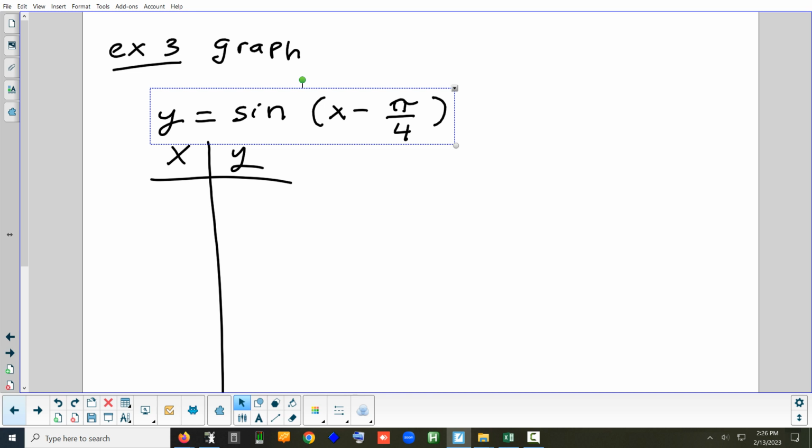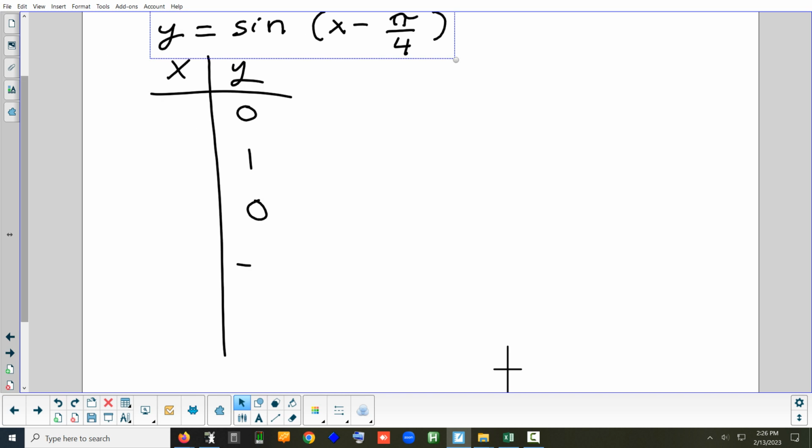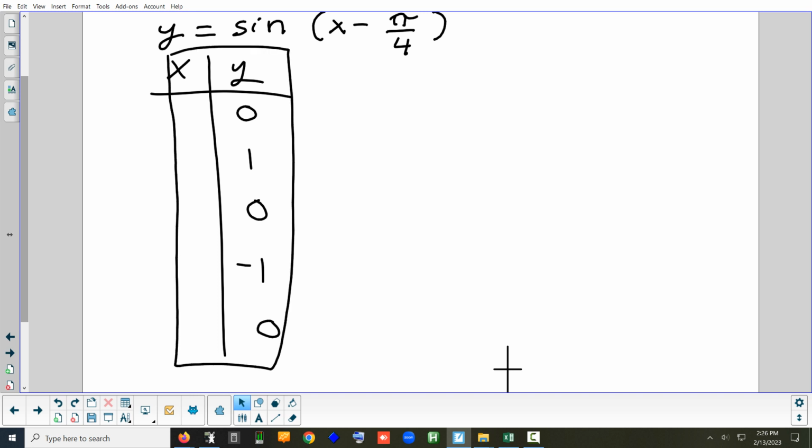It could be 0, 1, 0, 1, 0. Perfect. Okay, so you got 5 points right there. There's your y's. Okay, x's. Let's put the originals off to the side. Leave a little bit of space so you can do some work. Then we'll put our answers in the table. Can somebody remind me? Original x values.